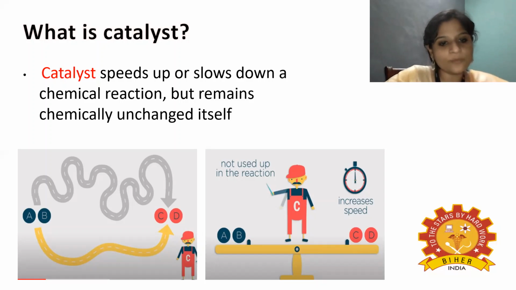It creates its own pathway, changing the time frame and speeding up the reaction, so that from reactants A and B we get products C and D.